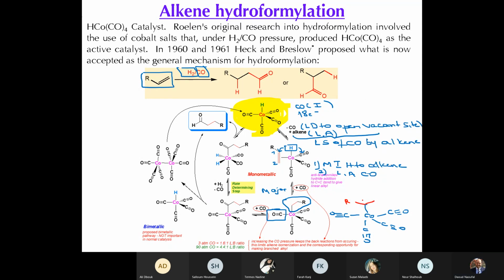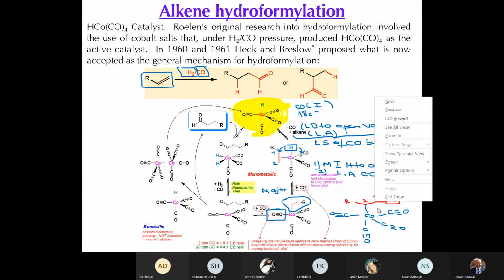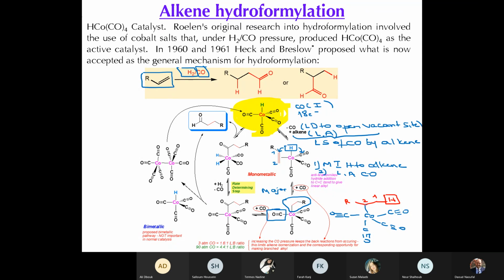This is carbon 2, this is carbon 1, and we have the hydrogen on carbon 2. So now if you look, we have the appearance of two fragments, one which is linear and the second which is branched. So this is the major and this will be the minor, since this is the Markovnikov rule, and the anti-Markovnikov rule is major.